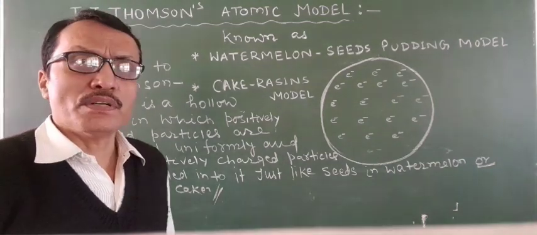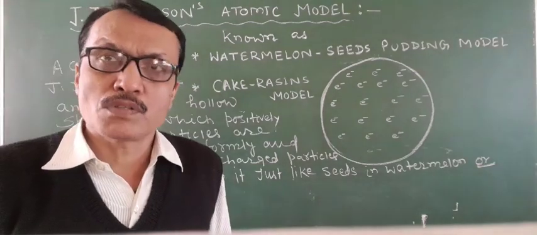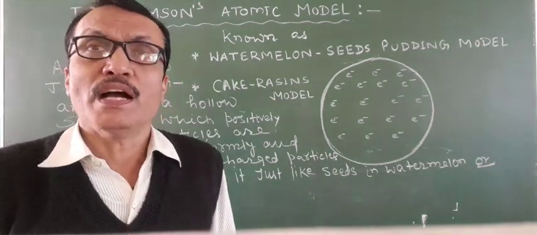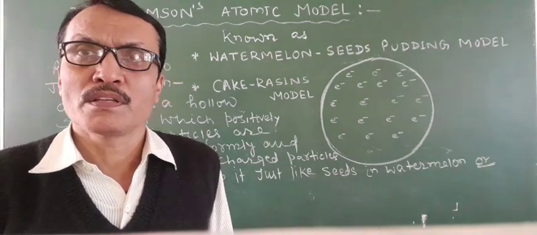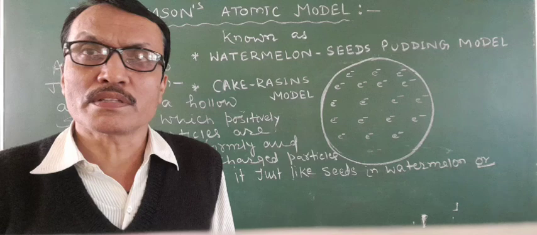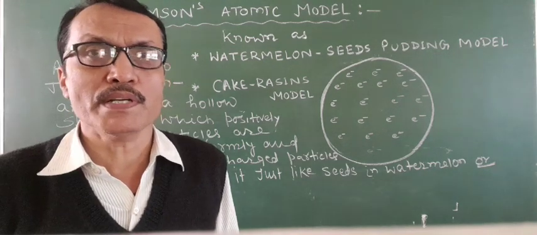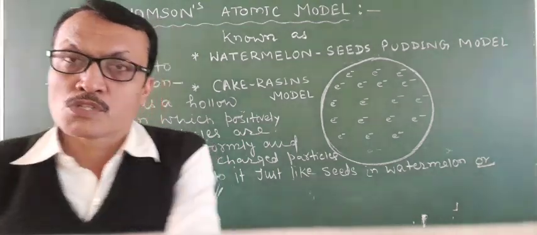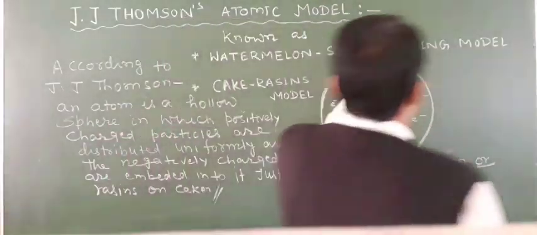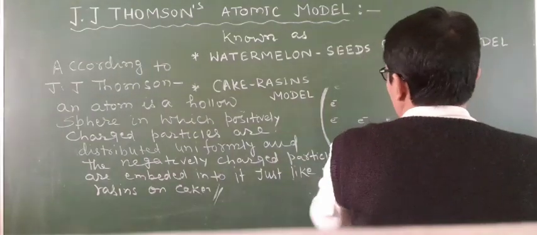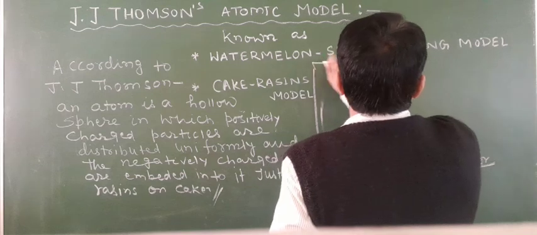But my dear students, this atomic model was not accepted as it failed to explain the famous Rutherford's alpha particles scattering experiment. So in drawbacks you have to write: drawbacks of J.J. Thomson's atomic model.